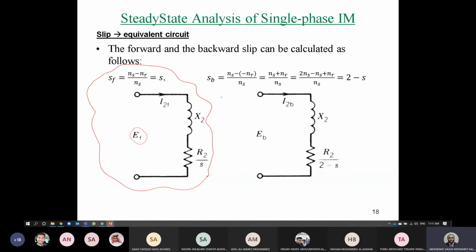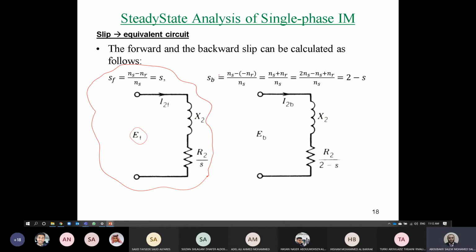Backward flux: the motor will rotate in the opposite direction of the synchronous speed of that backward flux. So we can say now SB equals NS minus NR, because the rotating flux in the backward direction will see the motor moving in the opposite direction.